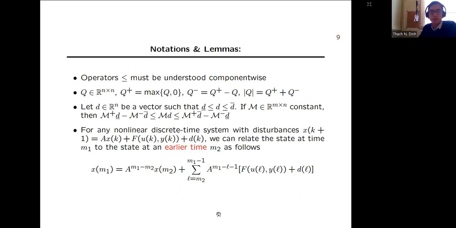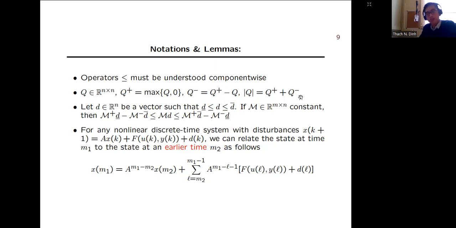Some notation and lemmas will help you follow my talk more easily. The operators greater than or less than must be understood component-wise, so I do not need to explain. We suppose that for any square matrix Q, Q plus, as usual, is the max of Q and 0, and Q minus is Q plus minus Q. The absolute value of Q is equal to Q plus plus Q minus.